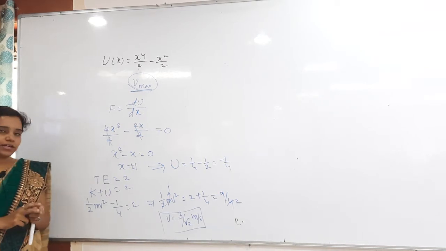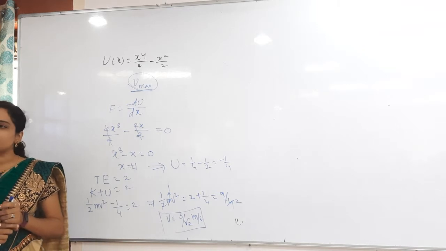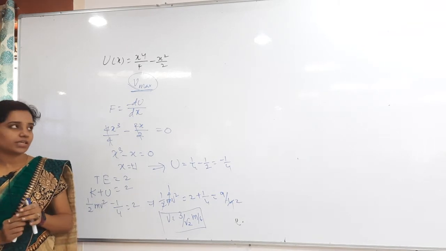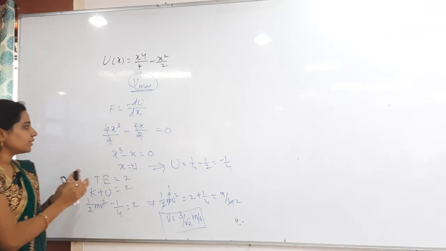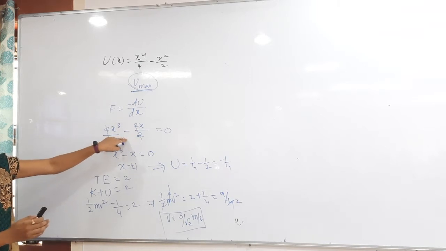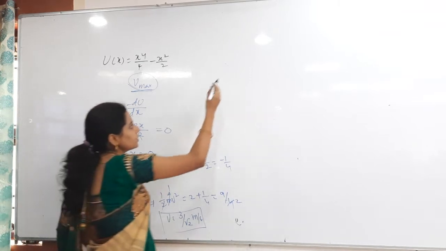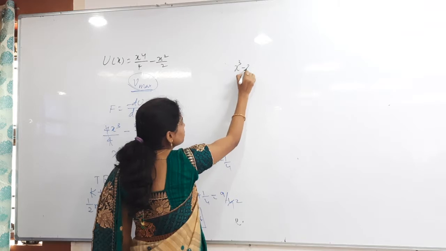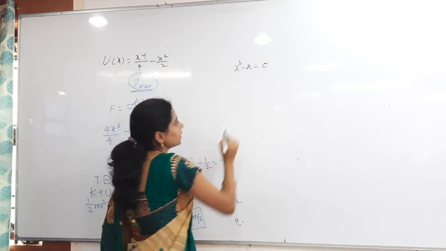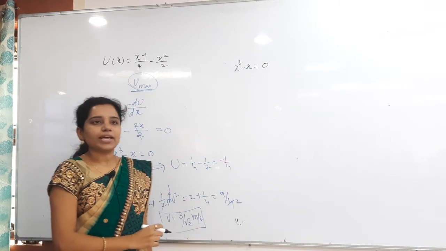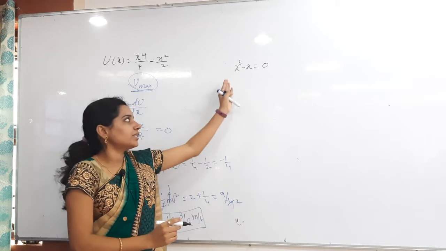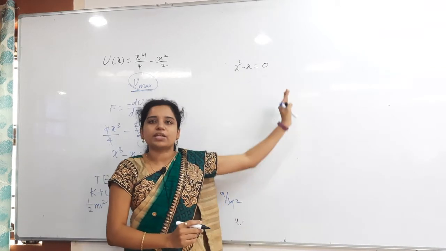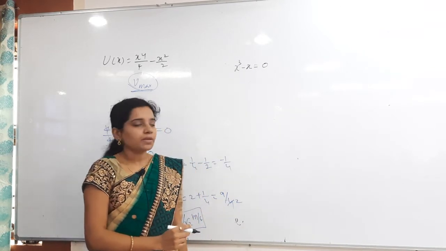Now they said maximum speed. So actually what you have to do is take the derivative here. What is the function we are getting, x cube minus x is equals to 0. Now directly what we have done is sent the x to that side, and then we got the x value as plus or minus 1.